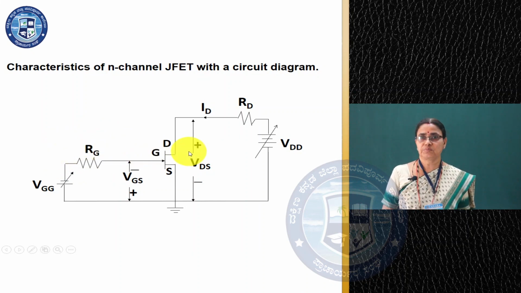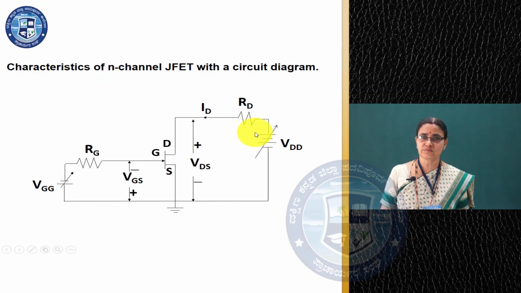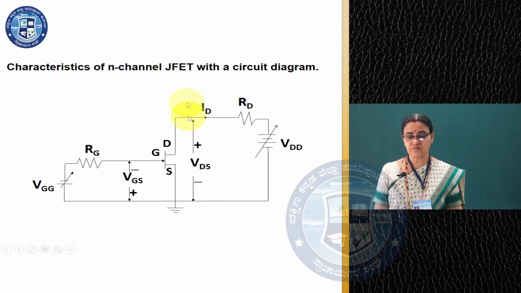Now there are two types of characteristics here. One is the drain characteristics, and the other is the transfer characteristics. The drain characteristics are similar to the output characteristics in the case of a BJT. Now change the value of VDD, so VDS will be varied. Find the corresponding value of ID.